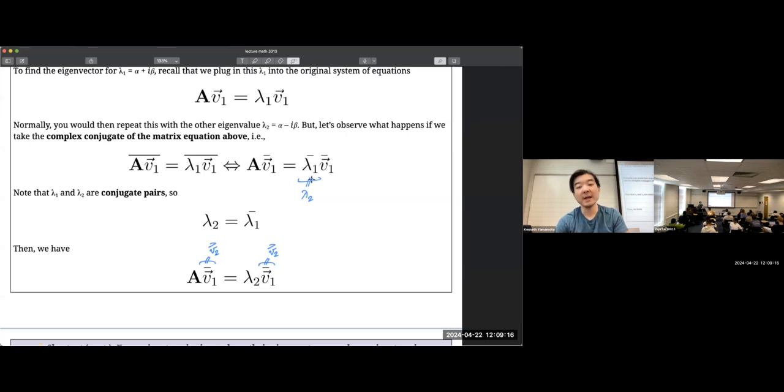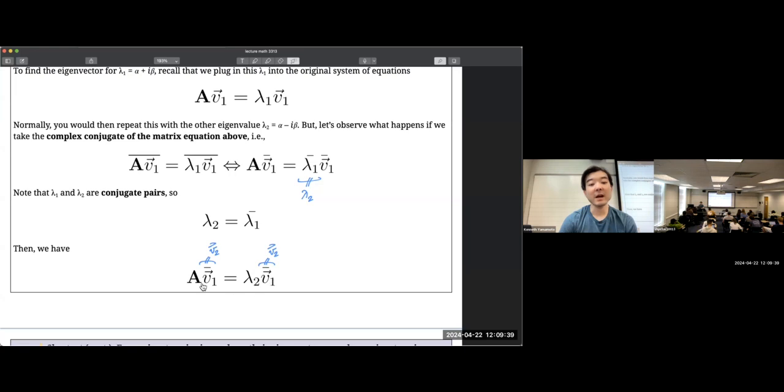We just said that the eigenvalues occur in conjugate pairs. So the complex conjugate of lambda 1 is lambda 2, because lambda 2 is the complex conjugate of the other eigenvalue. So we can make that replacement: lambda 2 is equal to the complex conjugate of lambda 1. So you have A times the complex conjugate of v1 is equal to lambda 2 times the complex conjugate of v1.